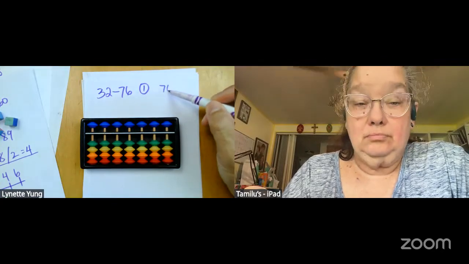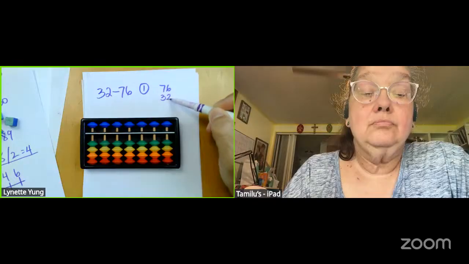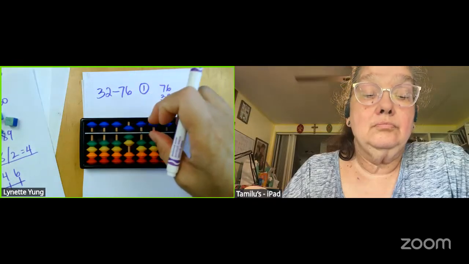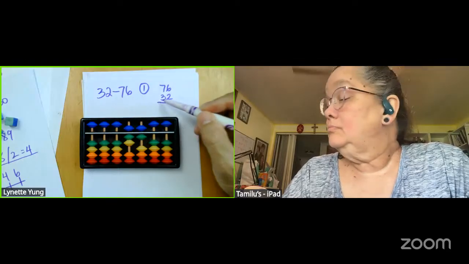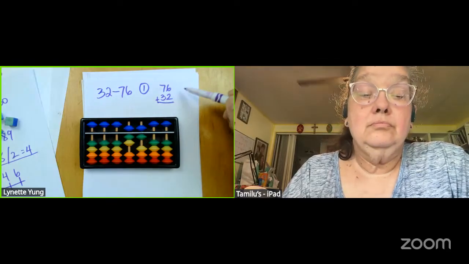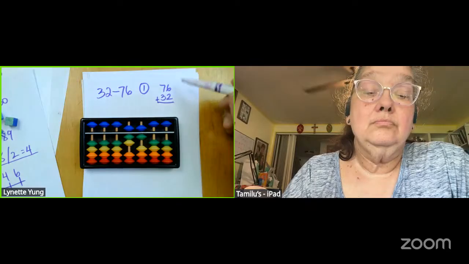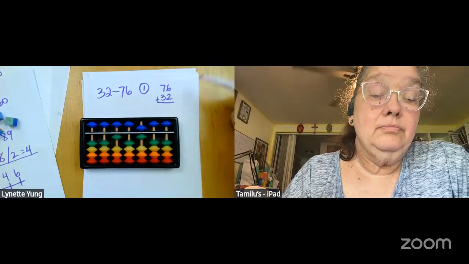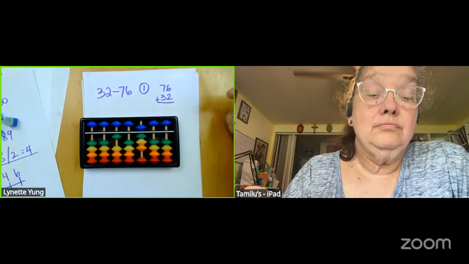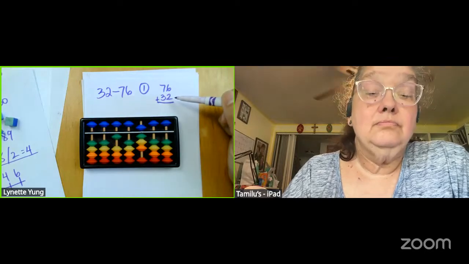So the first way would be 76 on the abacus, and then we add 32. How do we add 3? There's not enough. What do we do? Plus 10 minus 7. And then we add the 2, right? So our final answer becomes?